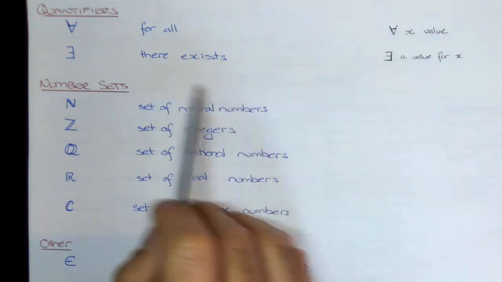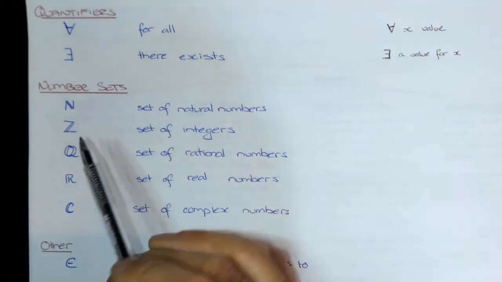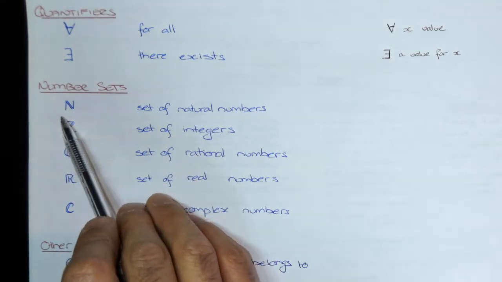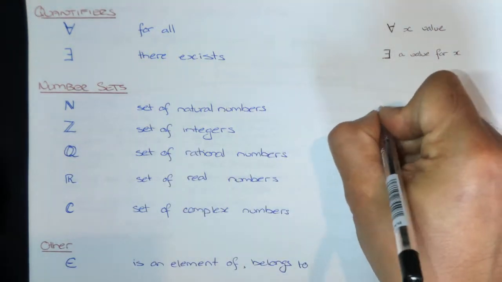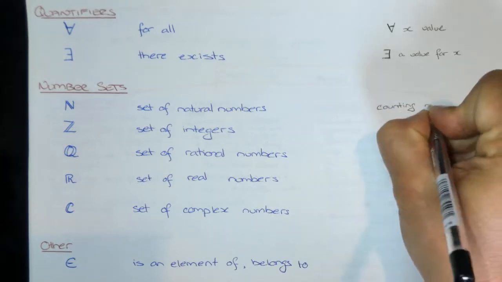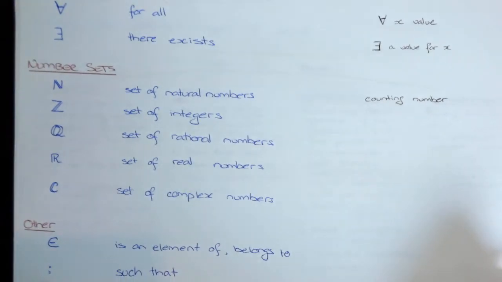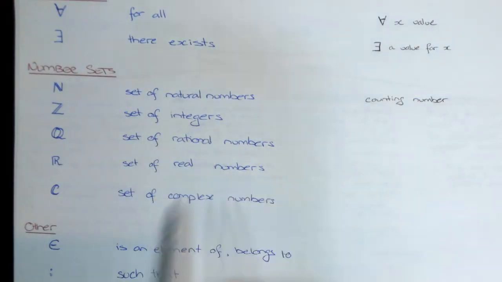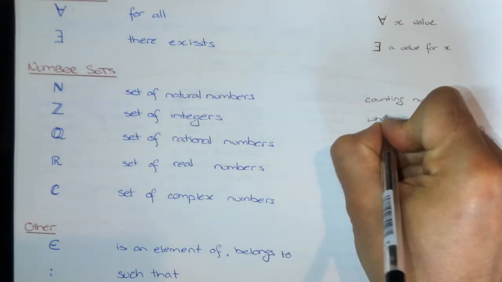Some understanding of numbers. These double-struck fancy letters: the capital N stands for natural numbers, which are counting numbers, things that we can count, like 1, 2, 3, 4. Z is the set of integers, which are whole numbers.